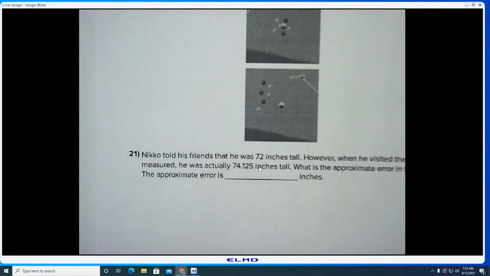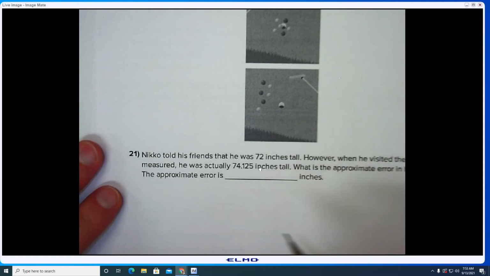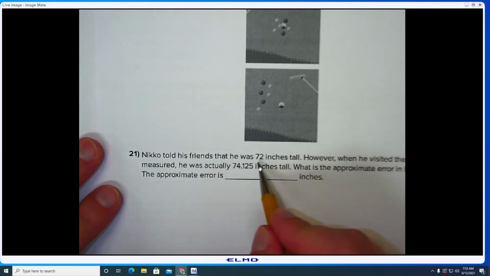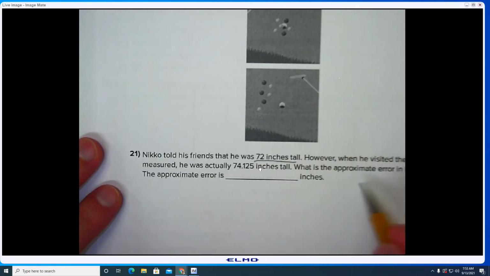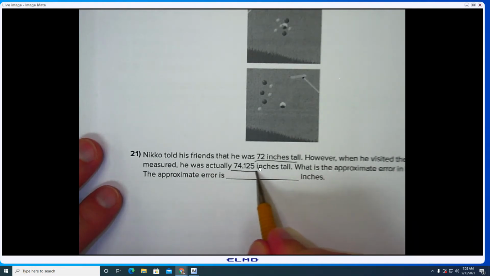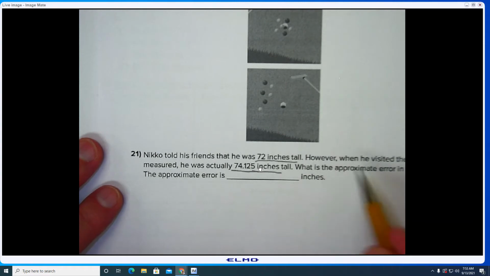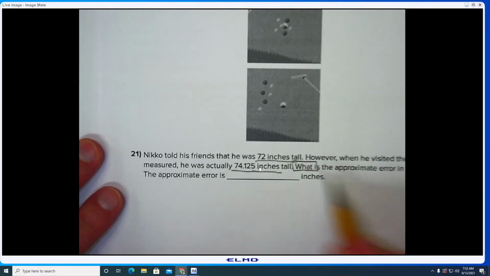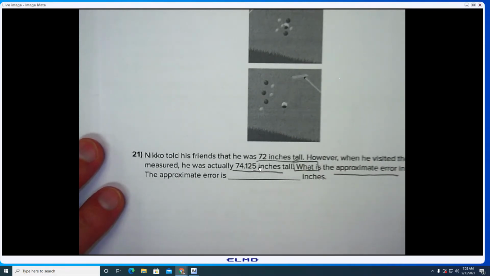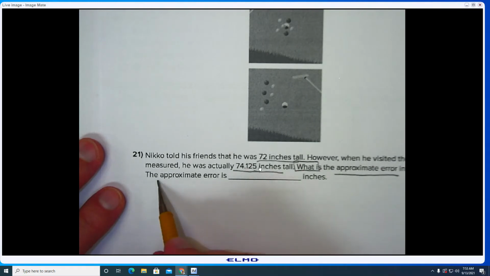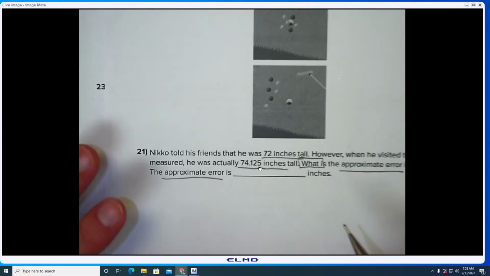Number 21. Nico told his friends he was 72 inches tall. However, he visited a doctor to be measured. He was actually 47.125 inches tall. What is the approximate error in his height? The approximate error is in inches. Okay.